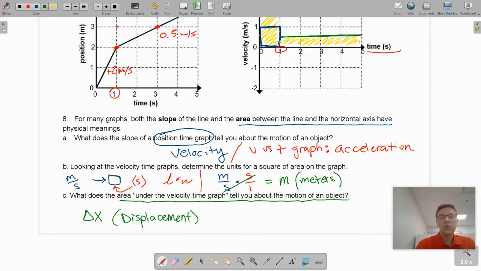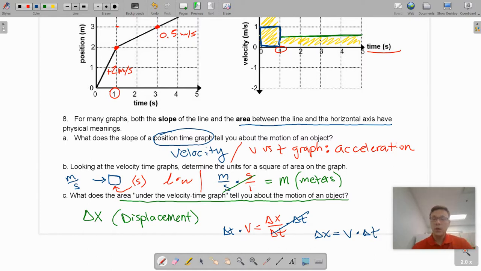If we look at that equation, I'll put this off to the side: velocity is equal to delta x over delta t. Let's multiply both sides by delta t, the change in time. These will cancel, and what we're left with is that delta x, or displacement, is equal to velocity times the change in time.